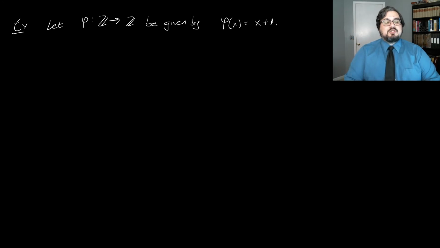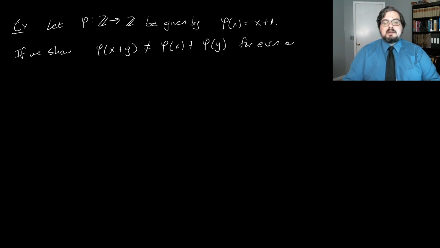Because if you can show that phi of x plus y is not equal to phi of x plus phi of y for even one example x and y, then that means phi is not a homomorphism.